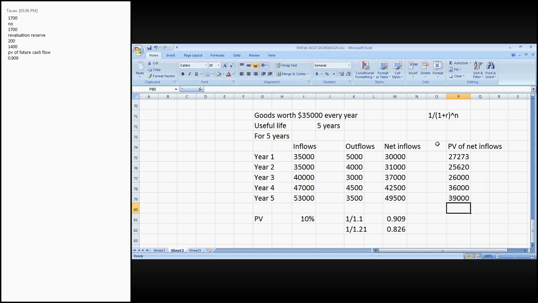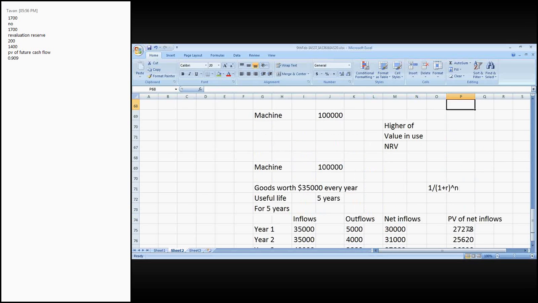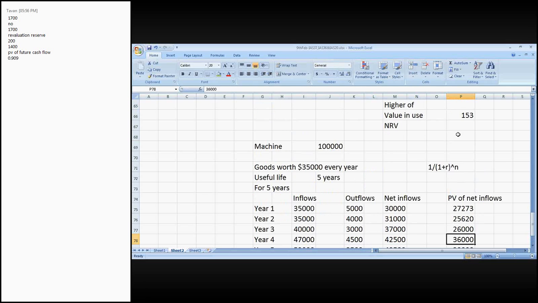And I take the present value of all the net inflows today. 153,893 is the present value of the cash flows today. So value in use will be 153,893.